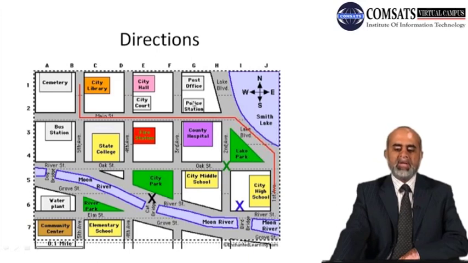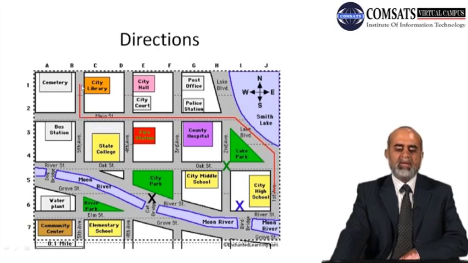Go past the police station and the country hospital. Okay? Or you can say, you will see police station on your right and the country hospital on your left. Keep on walking ahead. You will see city court on your right. Keep on walking until you reach the third intersection.